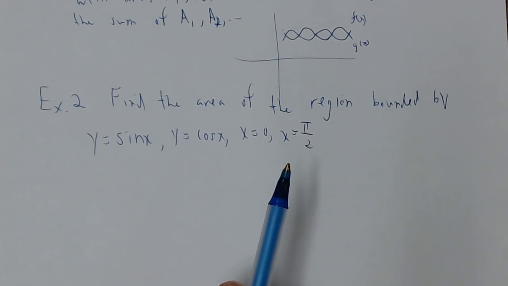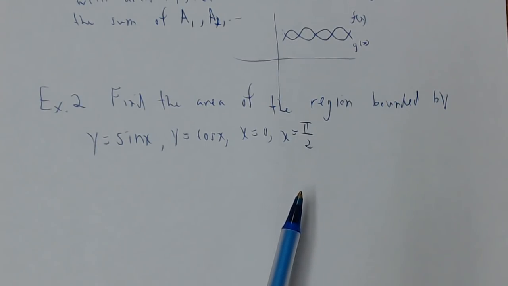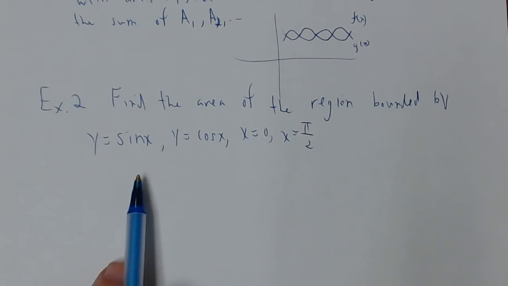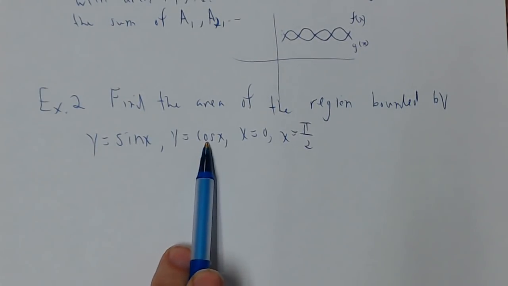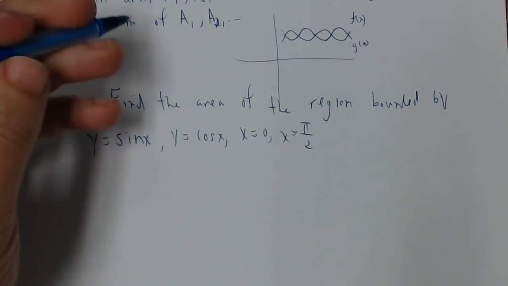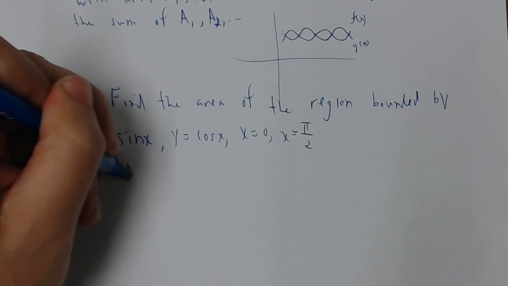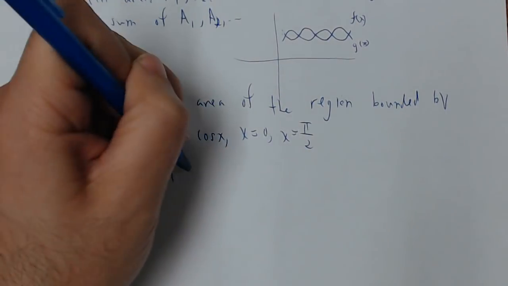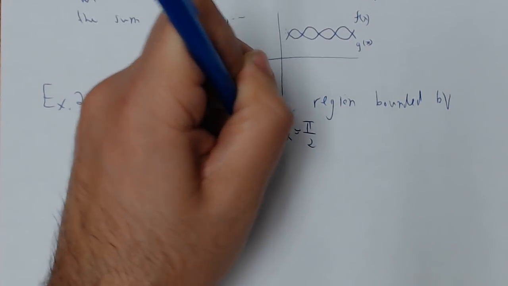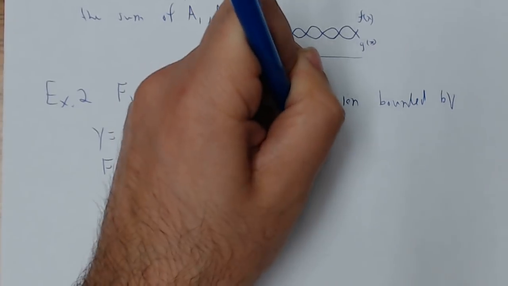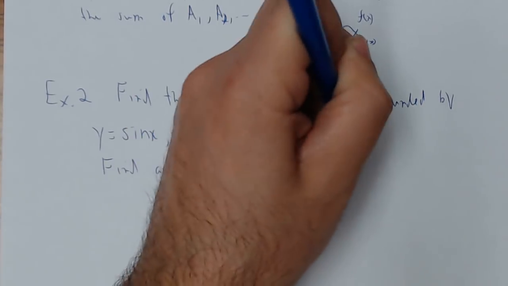Okay. However, here's a problem. The first thing I should check for is, look, between 0 and pi over 2, do sine x and cosine x ever intersect each other? So basically what I'm saying here is that we find any points of intersection, and this is if any, right?